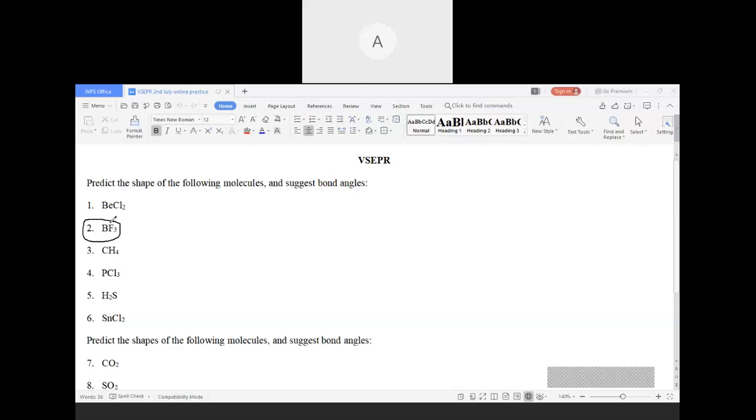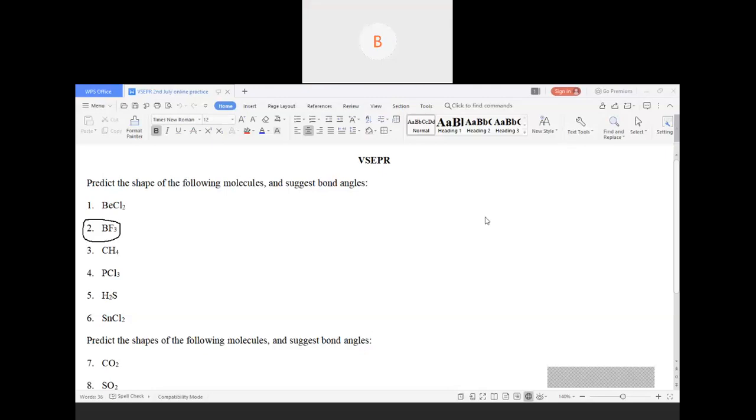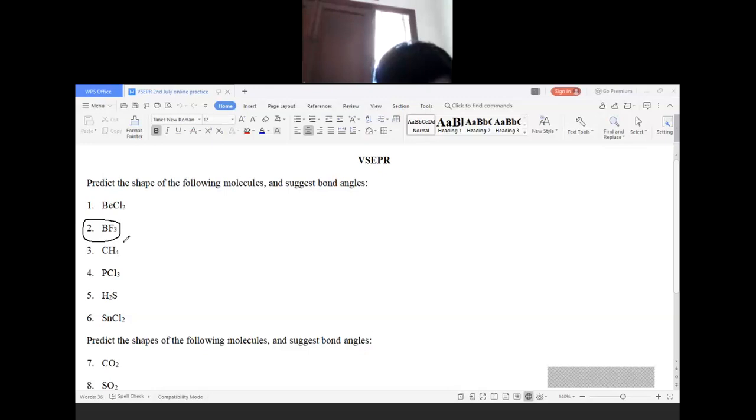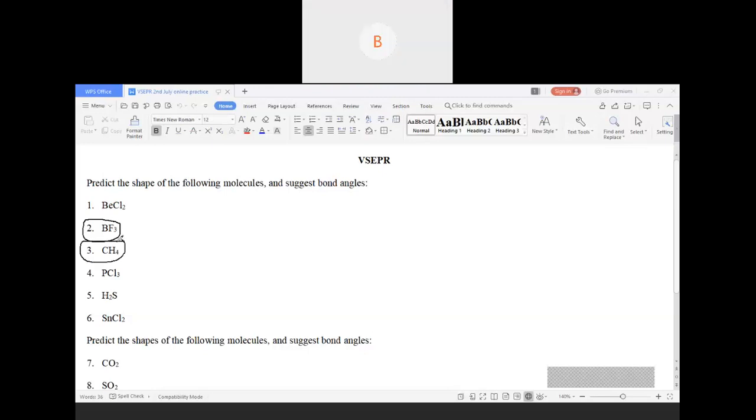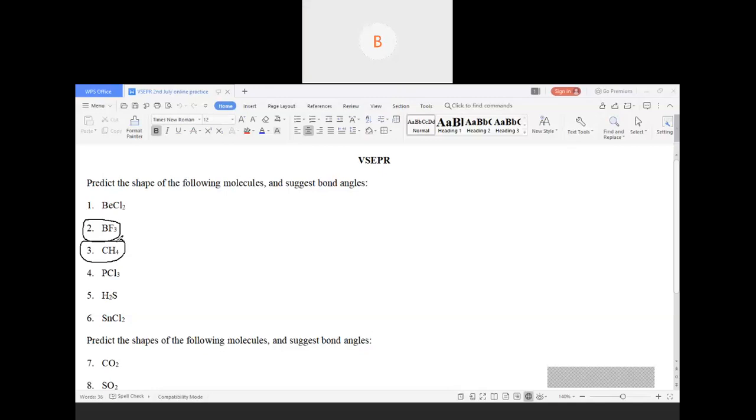And then number 3. Let me ask Patrix. Yes, teacher. For number 4, CH4. How many bond pairs are there? There's 0. I mean, there's 4. Yeah, 4 bond pairs.